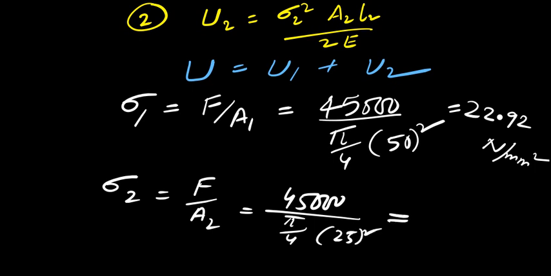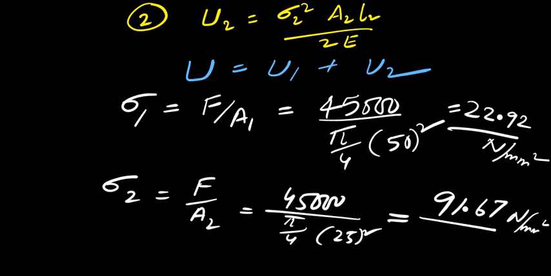Substituting the force 45,000 by pi by 4 d square, the sigma 2 value will be 91.67 Newton per millimeter square. So this is sigma 1 and this is sigma 2. That is all we have to calculate. The length and 2E we substitute at the end.